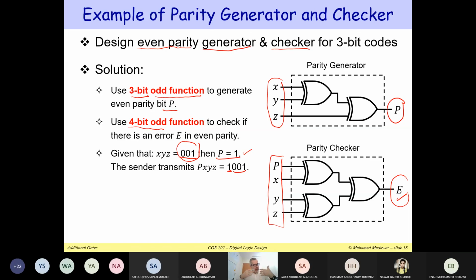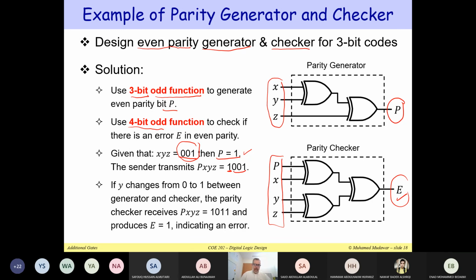But suppose that while we are transmitting 1, 0, 0, 1, one of the bits flipped. It does not really matter which one. Any bit can be flipped. There can be an error in any one of these bits. So at the receiver side, suppose that this bit Y changes from 0 to 1, because of some noise in the transmission line, whatever the reason. So now the receiver is going to receive 1, 0, 1, 1.